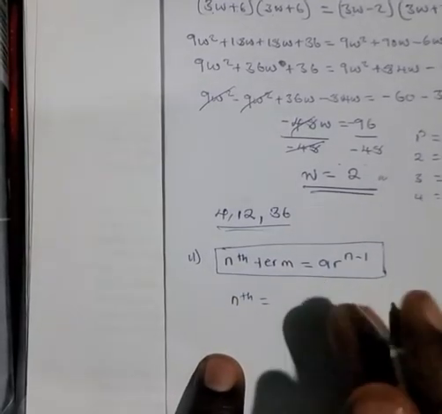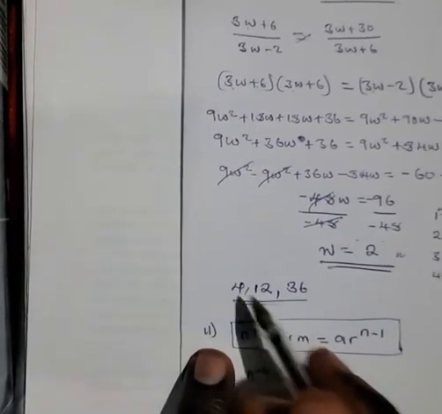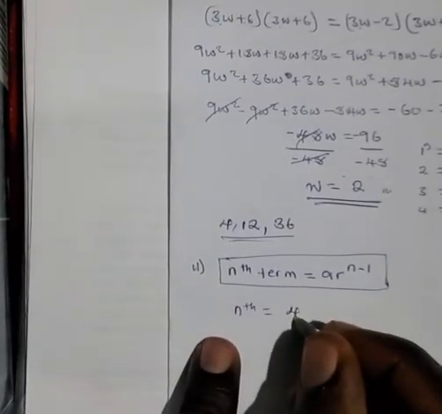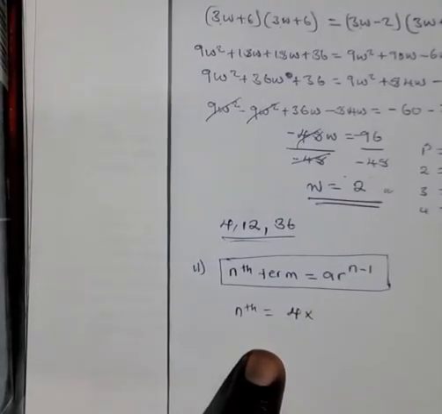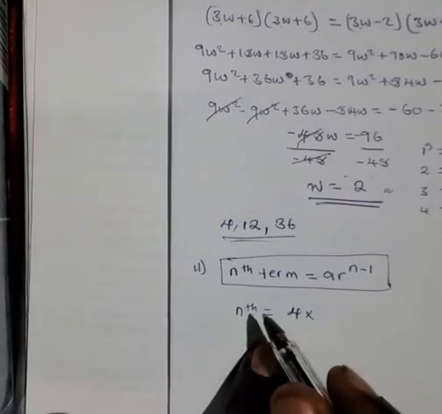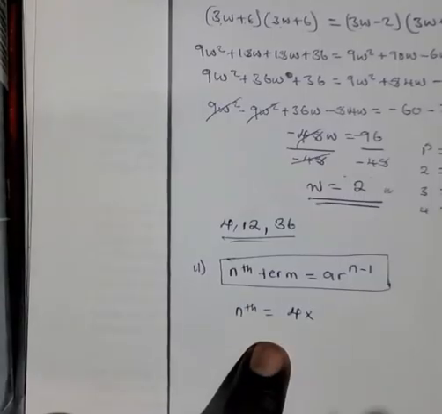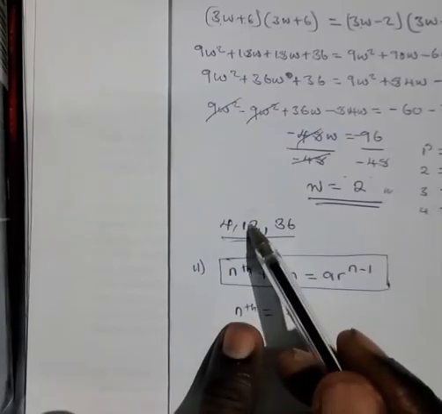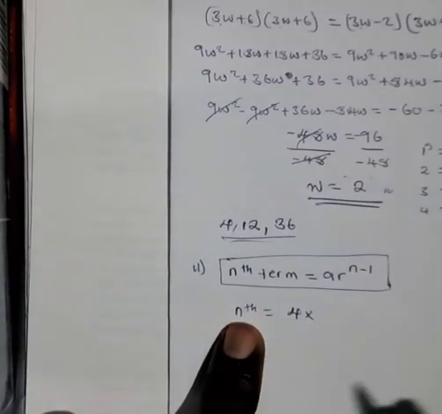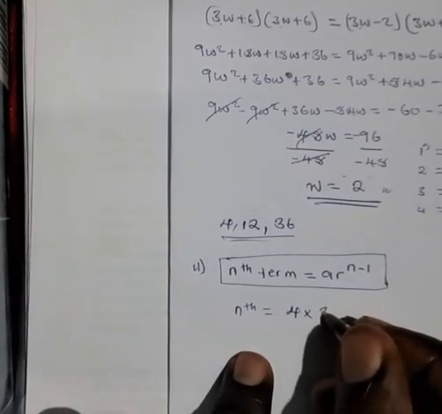So the nth term. What is a? The first term, remember we said it's 4. Then times, what is r? We can find r by saying 12 over 4 or 36 over 12, which in both cases is 3.